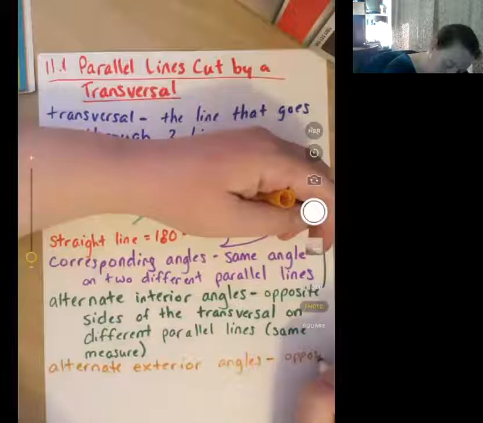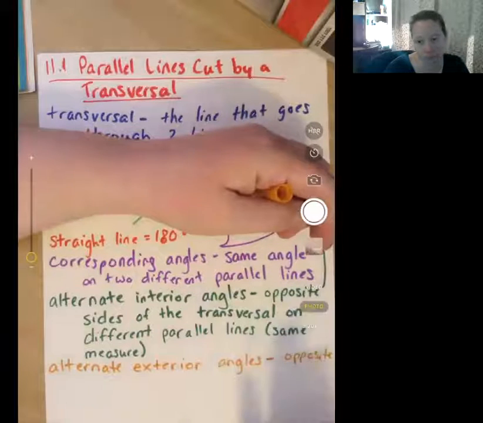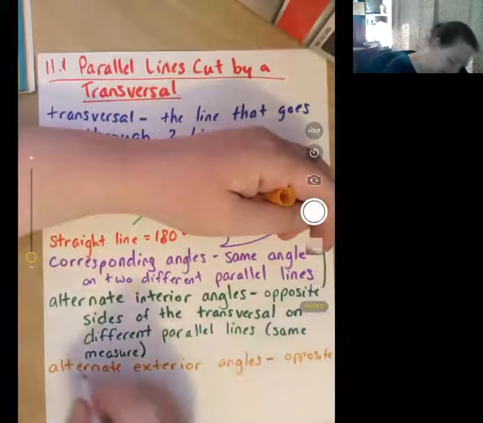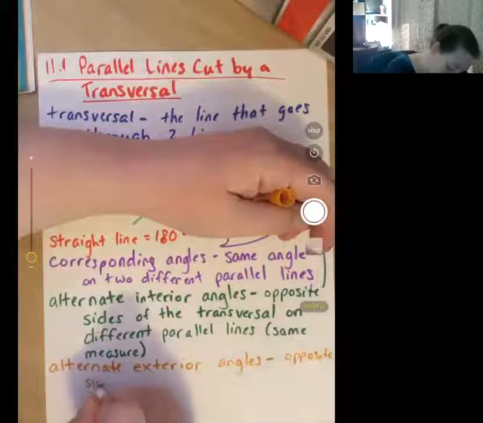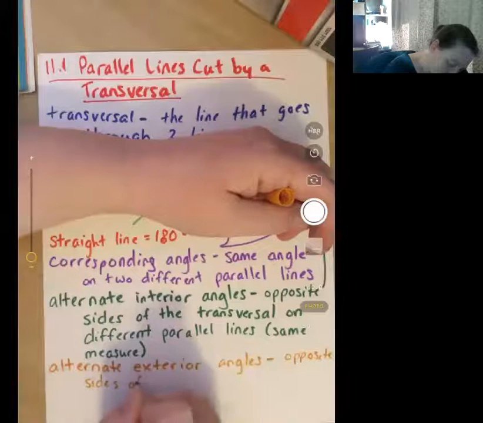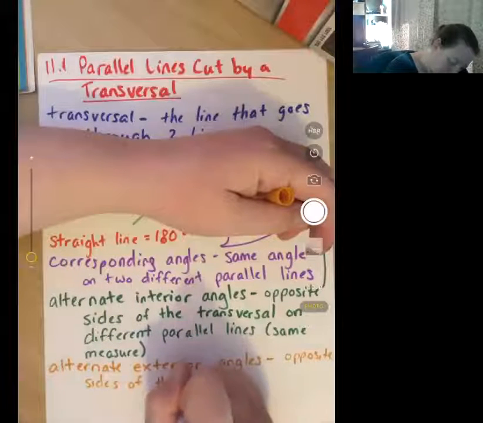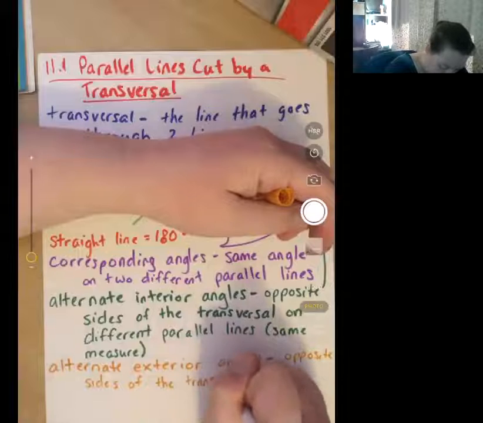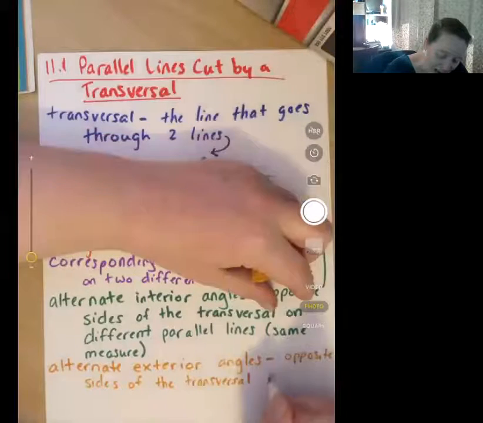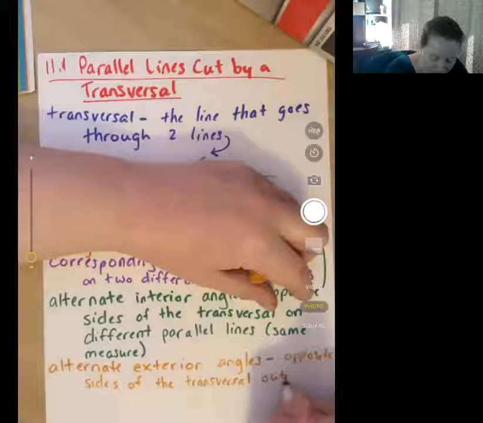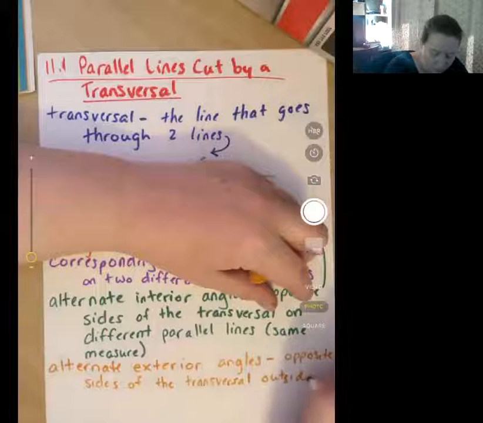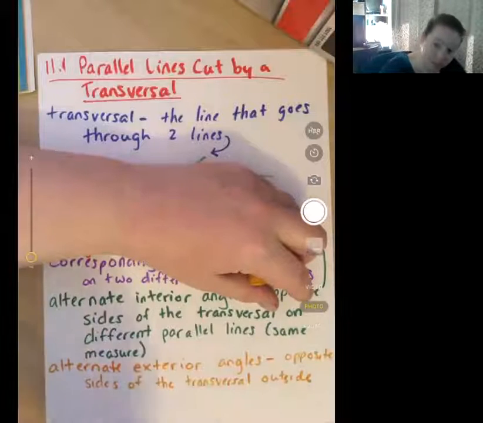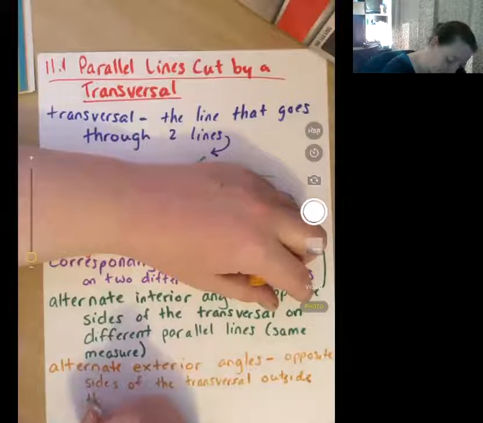Again, opposite sides. That's what the alternate means. It means opposite. Opposite sides of the transversal, outside the parallel lines.